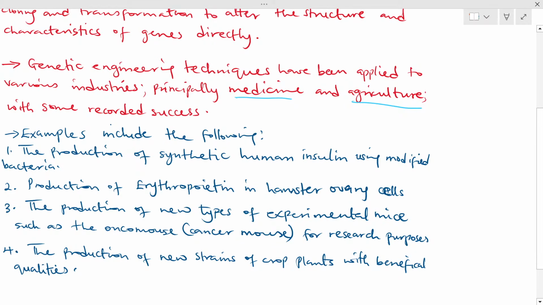I asked in class, what is an onco mouse? You remember? We said onco, or oncology, signifies cancer, the study of cancerous cells. So an onco mouse can be said to be a cancer mouse, and this type of mouse is specific for research purposes. Genetic engineering is also used for the production of new strains of crop plants with beneficial qualities.